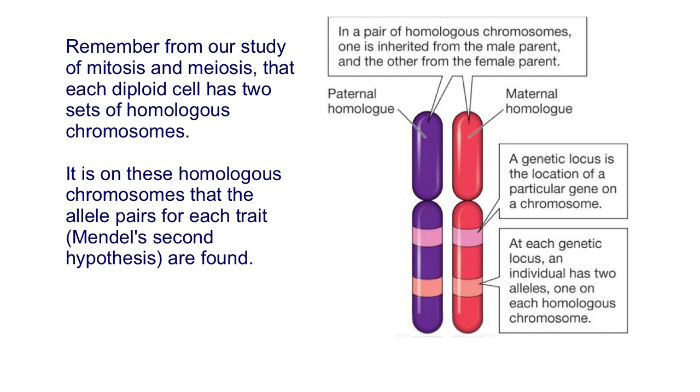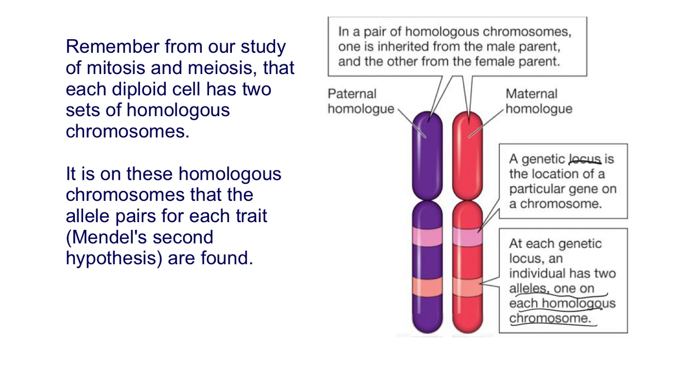And that's in your zygote, and the zygote just did mitosis to form you. Okay, so we call the locus the location of a particular gene on a chromosome. Each genetic locus individual has two alleles, one on each homologous chromosome.